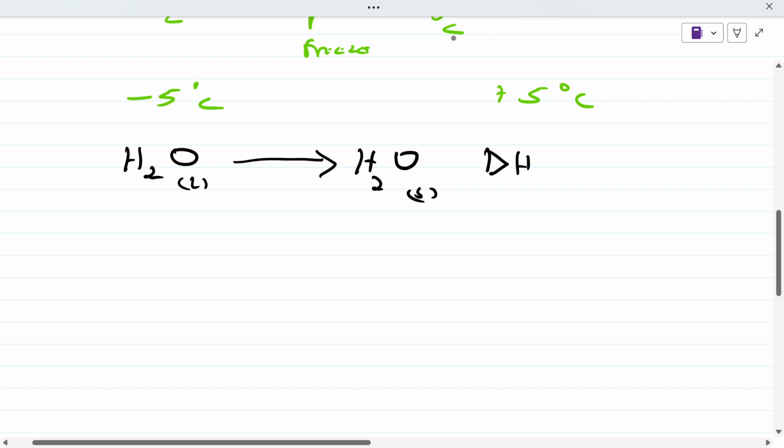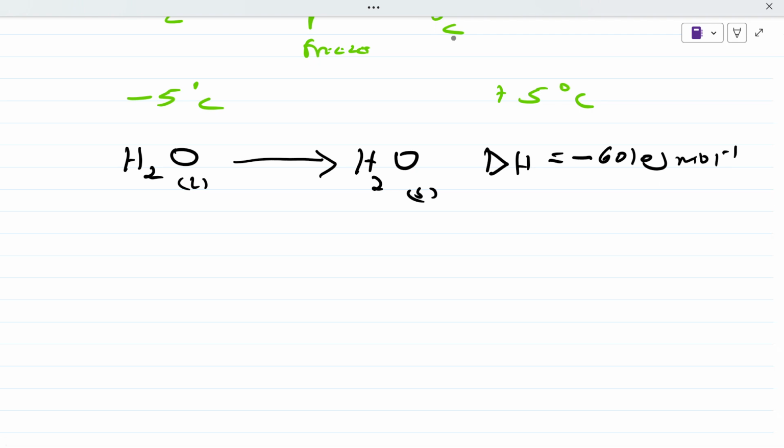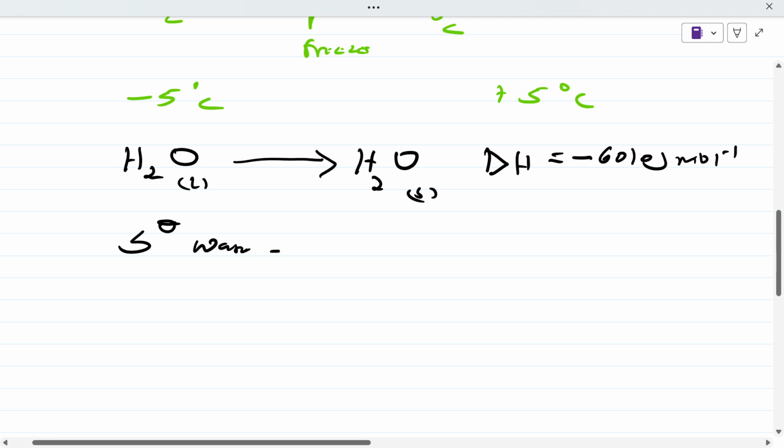And I'm told that delta H for this given reaction is exothermic, and 6010 joules per mole of energy is lost. And for that same reaction, I'm told that entropy under standard conditions for water is equal to 69.9 joules per Kelvin per mole.